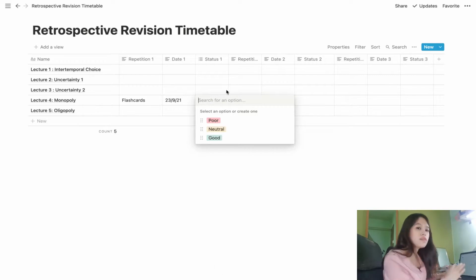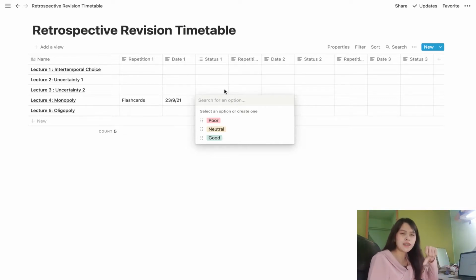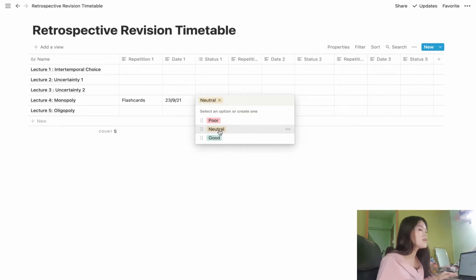Then I will put down the status, whether I had a better understanding of the topic after this session, or was my understanding still poor, right? So maybe after this session, I had a much more in-depth understanding, and maybe I can indicate this as neutral. Yeah, and then I will repeat this for the rest of the chapters.